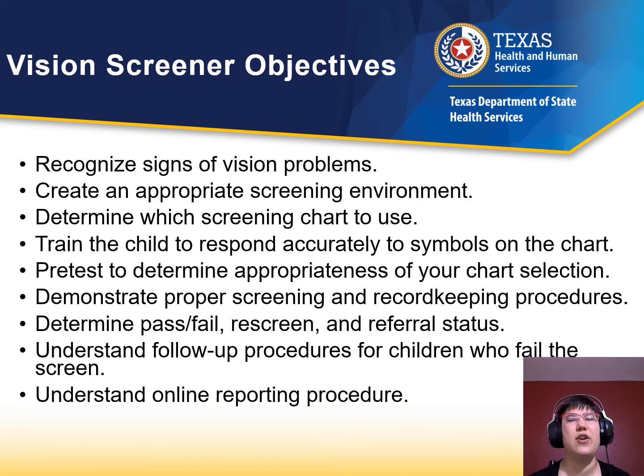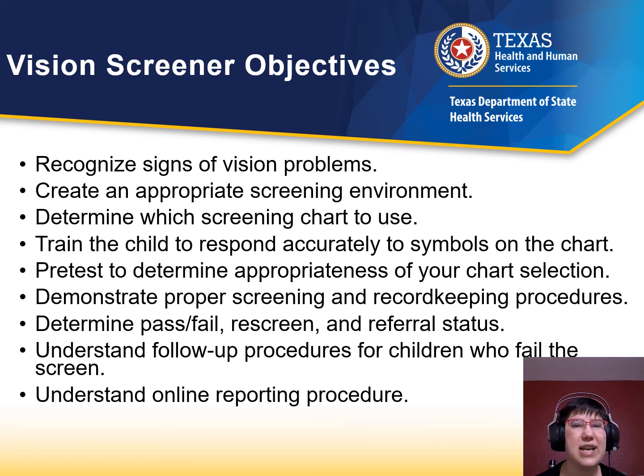As a screener, our objectives are multifold, again, like the hearing screening one. We need to recognize signs and symptoms of vision problems. We need to make an appropriate screening environment. We need to determine which screening chart to use. We need to train the child to respond accurately to the symbols on the chart.